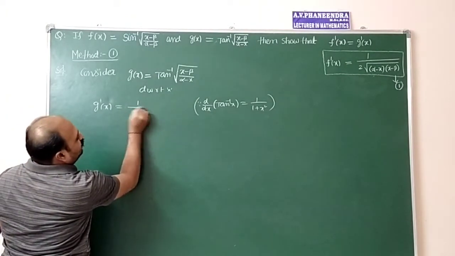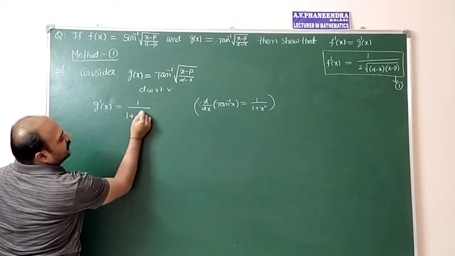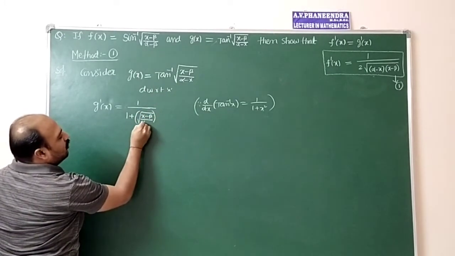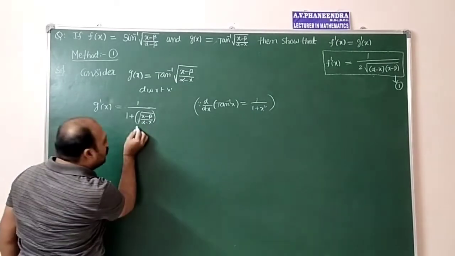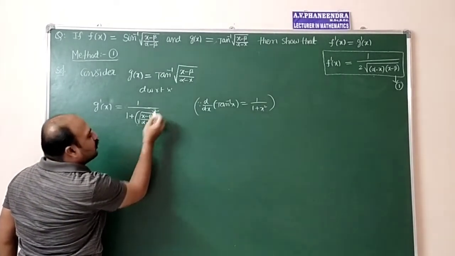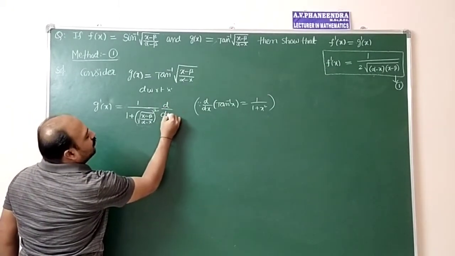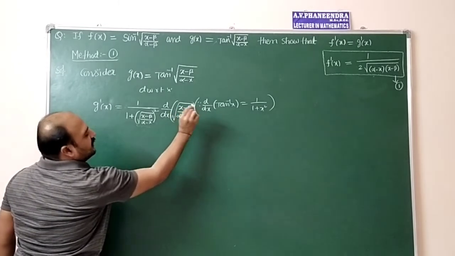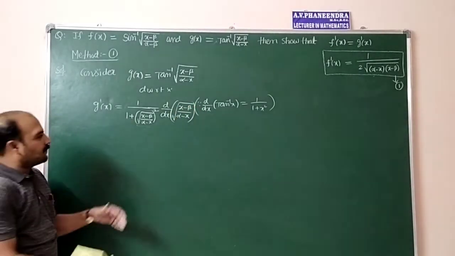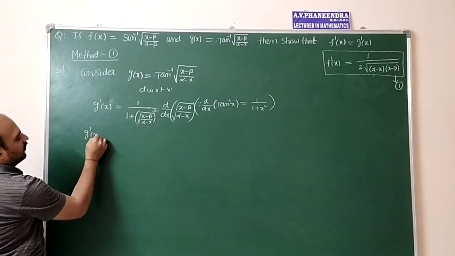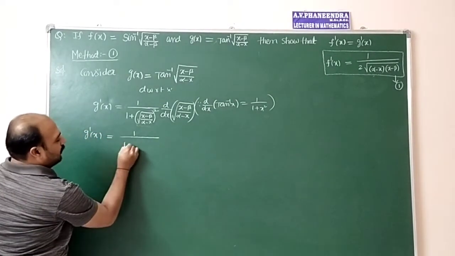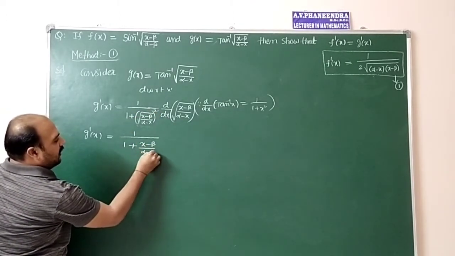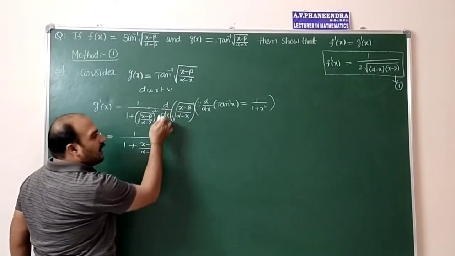So we can write it as 1 by 1 plus, in place of x, square root of x minus beta divided by alpha minus x, into whatever the function is involving here, that we have to differentiate: d by dx of square root of x minus beta divided by alpha minus x. In the next step, g dash of x equals 1 divided by 1 plus, root square cancel, x minus beta divided by alpha minus x, into d by dx of root x.